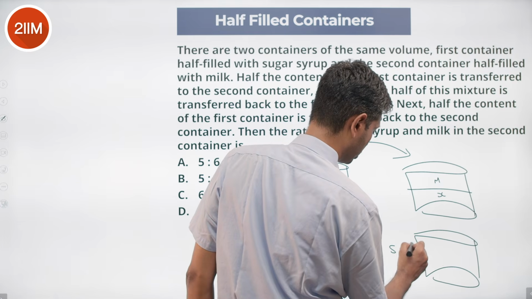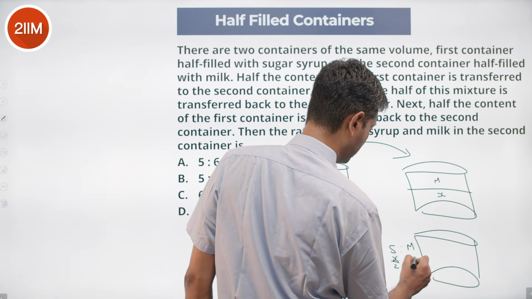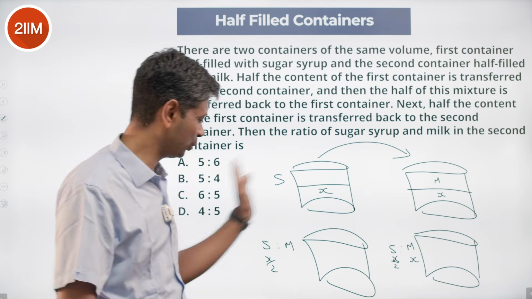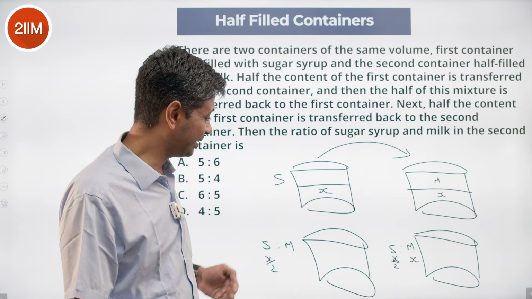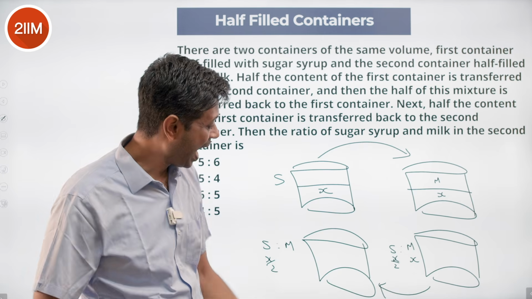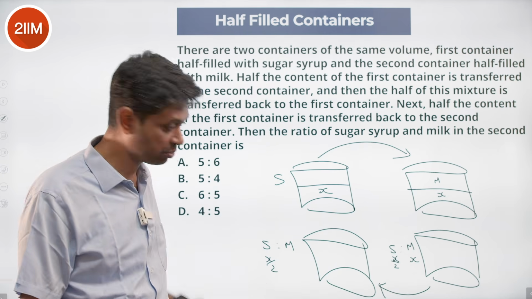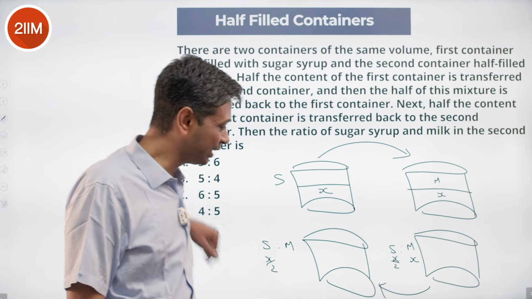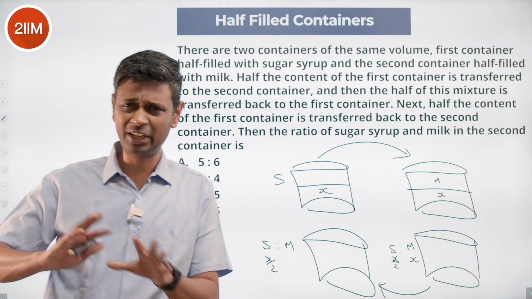In container 2, sugar will become X by 2, milk continues to be X. And then we shift from here to here. So what will get added? The first shift is done. Second shift, when we do this, half of X by 2 will get added here, X by 4. Half of X will come here, X by 2. Then get this and shift there.